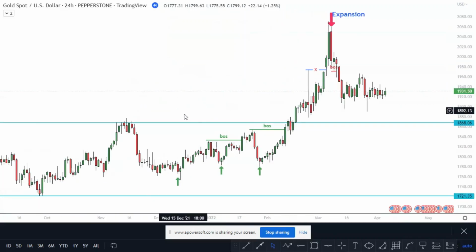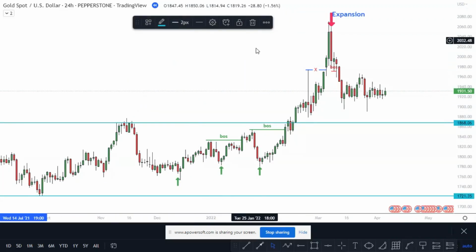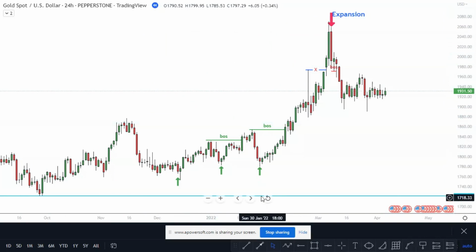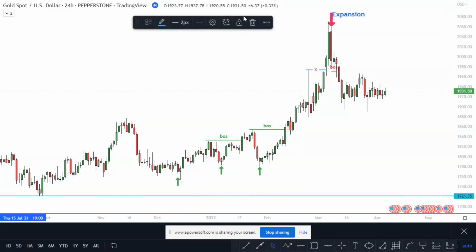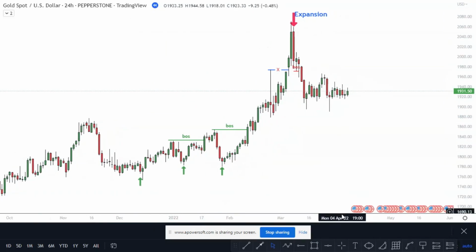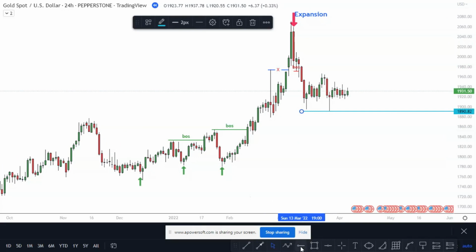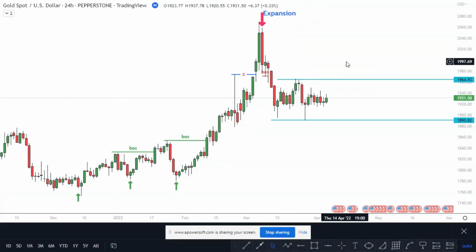Now, all of a sudden, we are encountered with another consolidation, as we can see in this area. Let me highlight it here. So we have another consolidation just over there. You get?